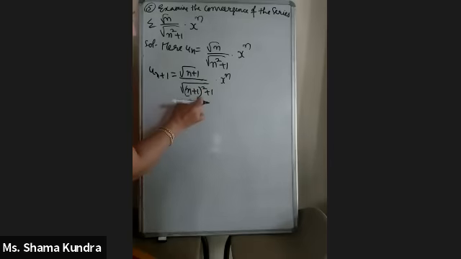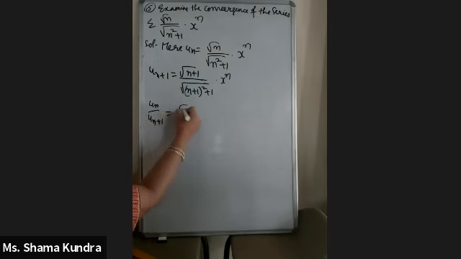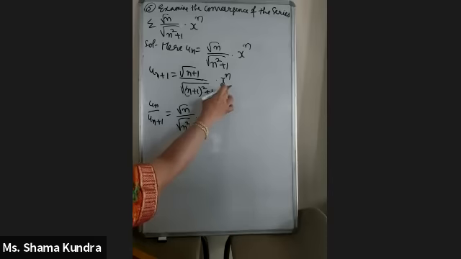It's your wish. You can expand it or you can take it as it is. Next step is to find un over un plus 1. This will get reciprocal.